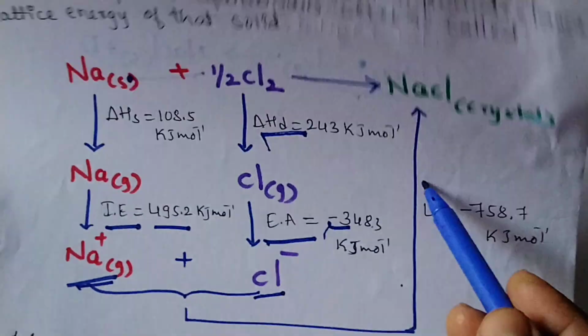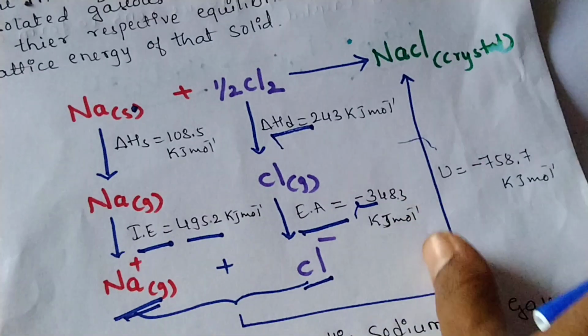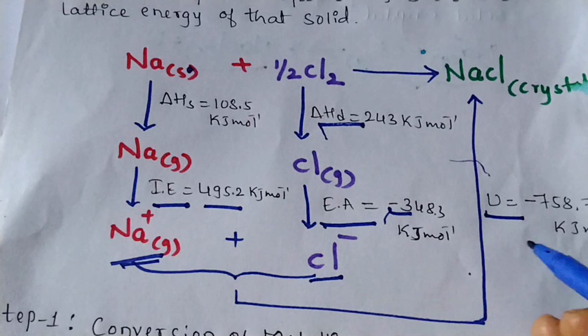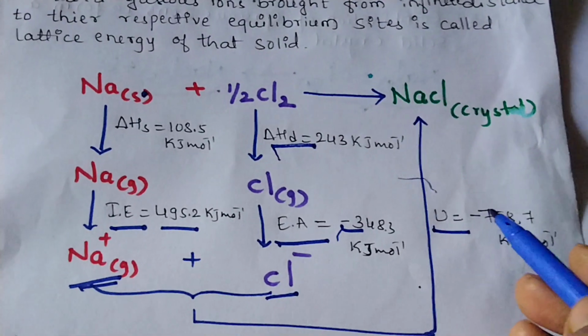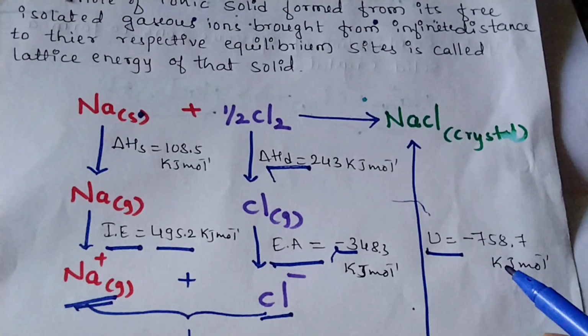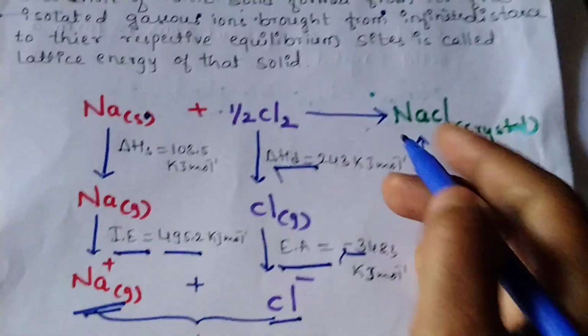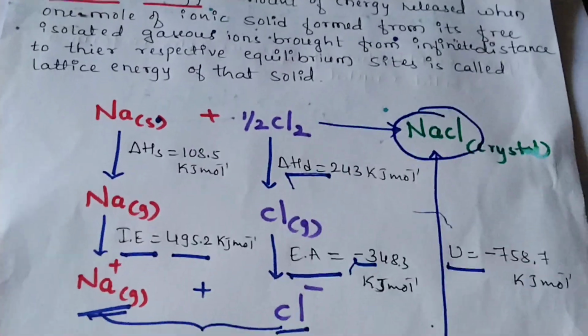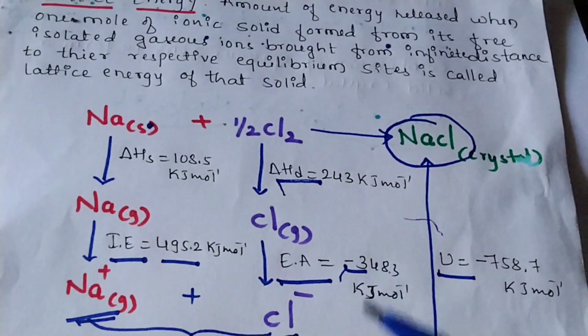That energy is nothing but the lattice energy. It is denoted by U, that is minus 758.7 kilojoule per mole, which forms the NaCl structure, the NaCl crystal lattice.